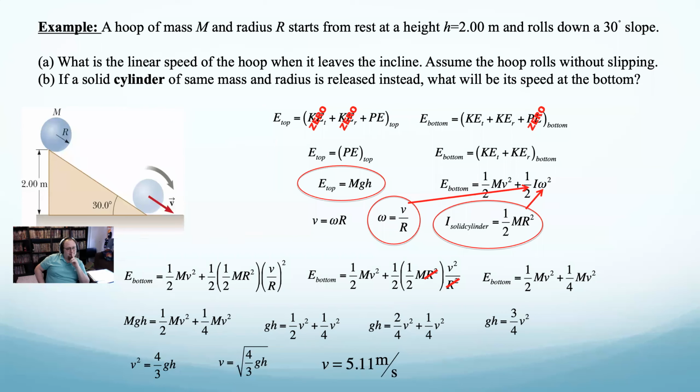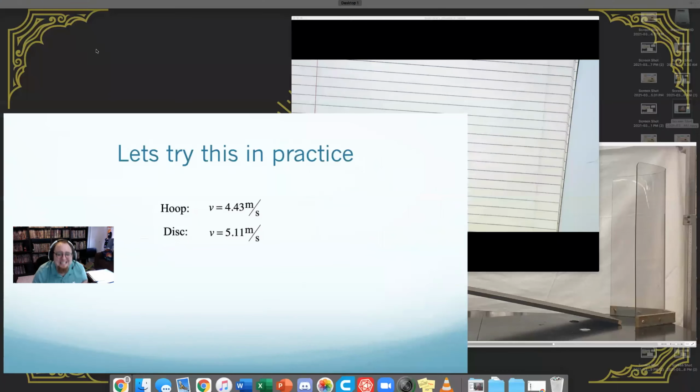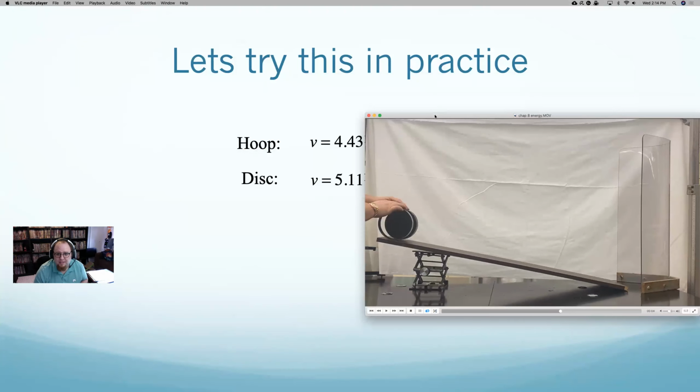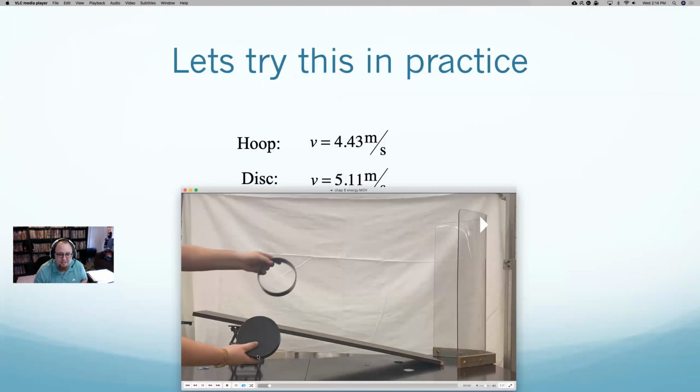Here's the interesting thing. I said that the hoop and the disc, the hoop and cylinder, I should be consistent, at the top of this hill have different velocities at the bottom. You can actually see this. What I have here is a hoop and a cylinder.